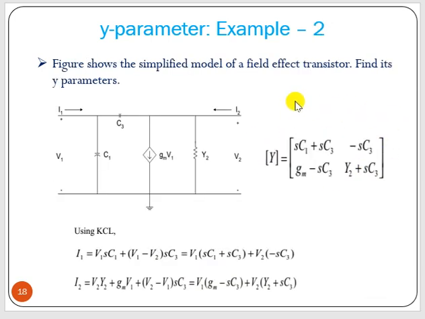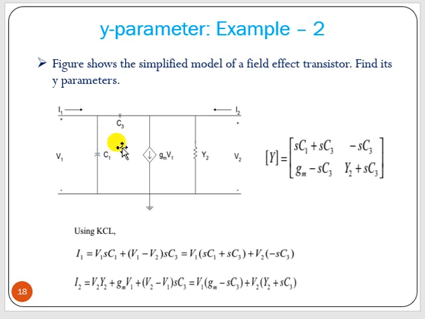Now say for this particular circuit, this is a simplified model of a field effect transistor, with gm V1, the capacitances, and the output admittance Y2. If we apply KCL at point 1, I1 is this current plus this current. This current is V1 into SC1.